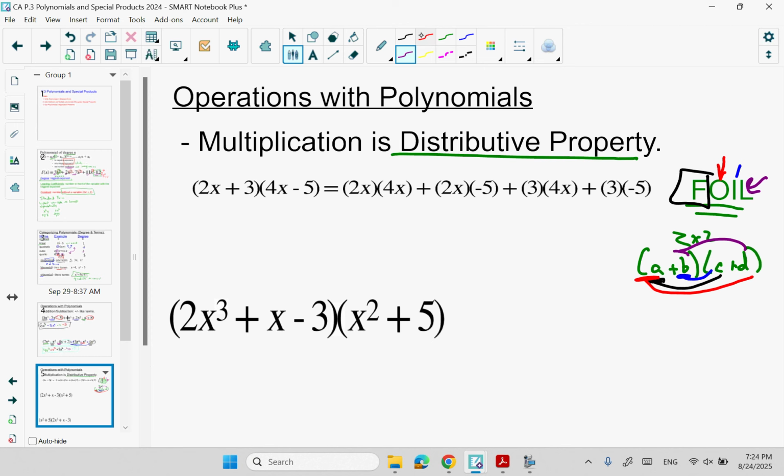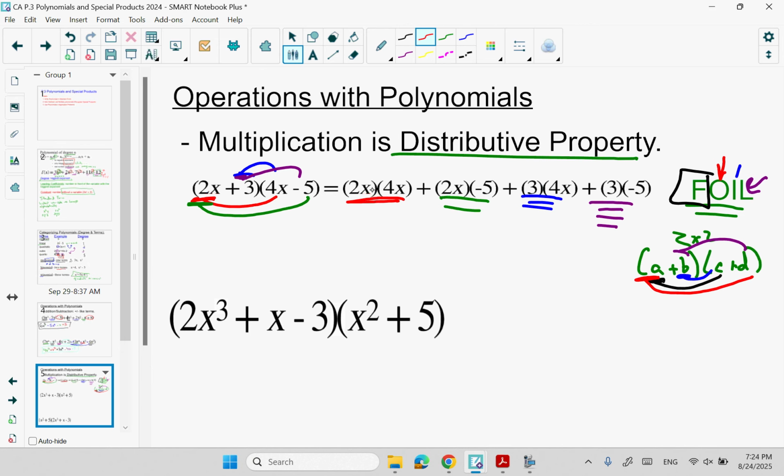Okay. So first, we would multiply our first two terms together, 2x times 4x, which is right here. And then we would multiply our outside terms, 2x times negative 5, which is right there. Then 3 times 4x, and then 3 times negative 5.